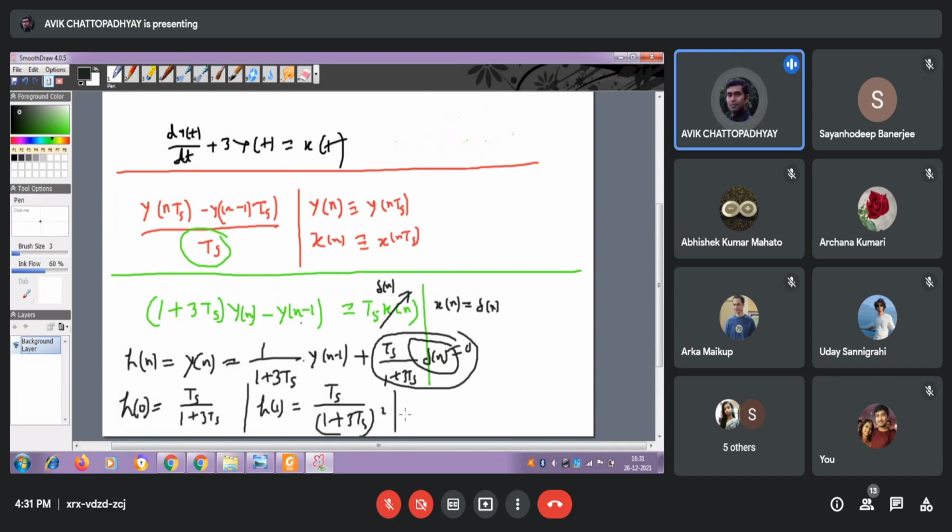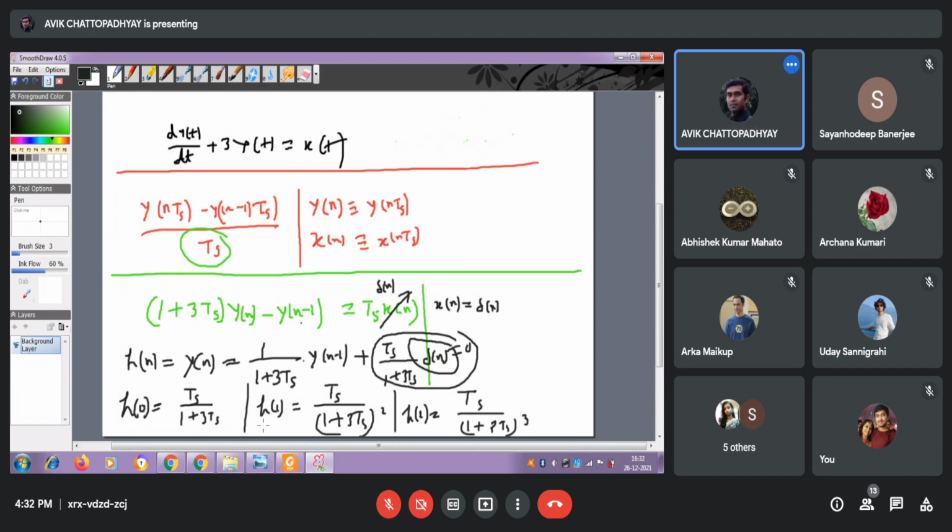Again, similarly, if you move on, it will be h of 2. Same case, when you put n equals to 2, again there is no existence of this term. And it will be y of 1, which is nothing but h of 1. So h of 1 is this, and again it is divided by this, so it will be Ts divided by 1 plus 3Ts whole cube.